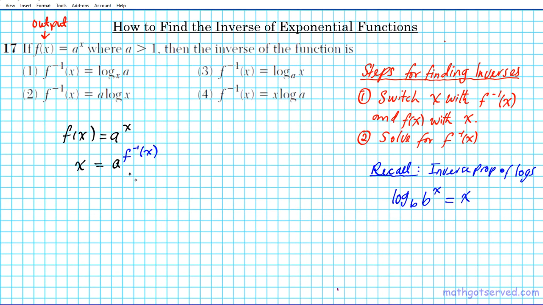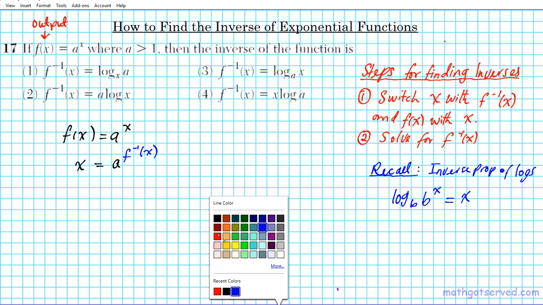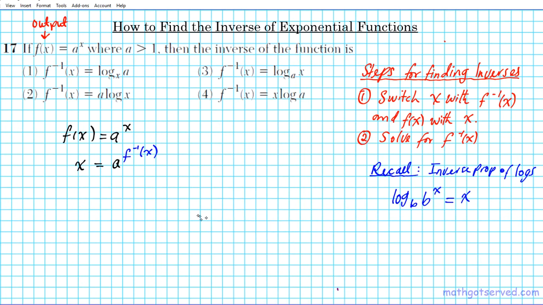Okay, now what we're going to do is proceed to solve for this f to the negative 1 of x. Okay, so f inverse of x is an exponent. So how do we power it down? What legal operation can we execute to bring this power down? Well, since we have an exponent base a, all we simply have to do is use the inverse of exponent base a.